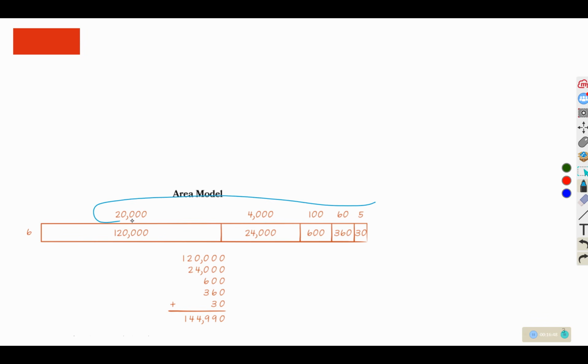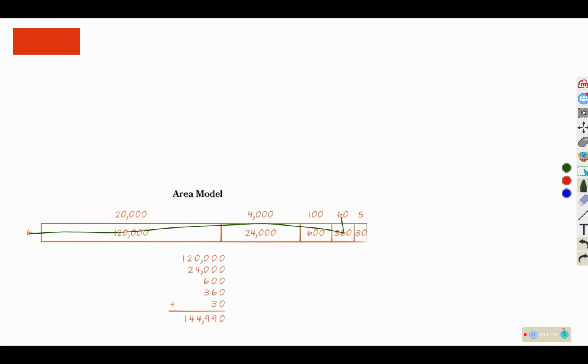Another method that you may see, they broke the 24,165 up into their place values. So 20,000, 4,165. And they've created an area model and multiplied each of those by 6. So 20,000 times 6 is 120,000. 4,000 times 6 is 24,000. 100 times 6 is 600.